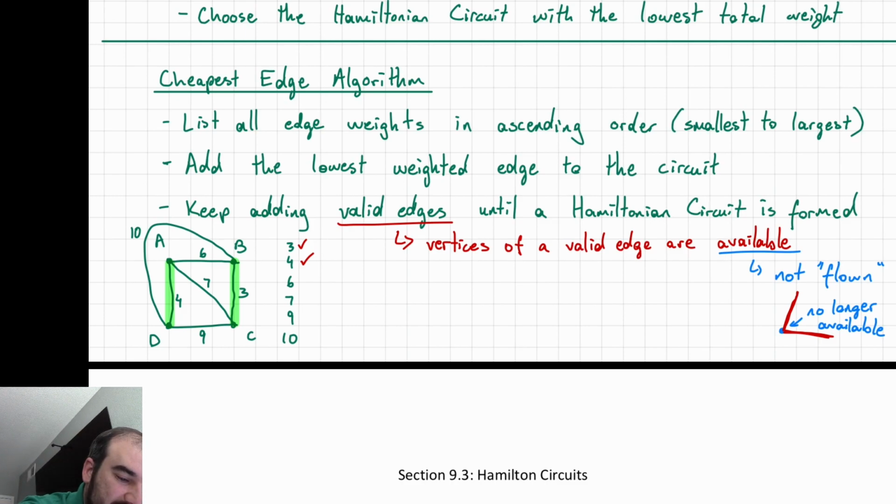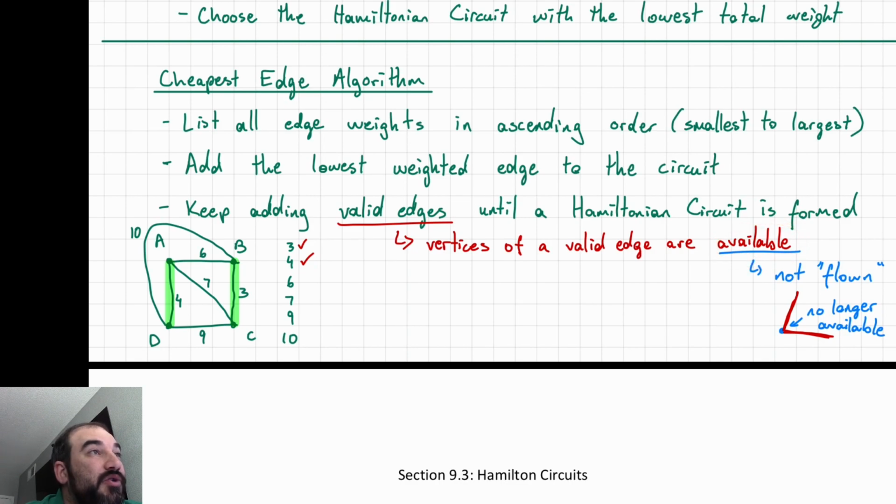The next cheapest edge to consider is the 6. When I look at the 6, that touches 2 vertices, A and B. A and B have only been used once. We've only used one edge going to B, and we've only used one edge connecting to A, which means these 2 vertices are still available.